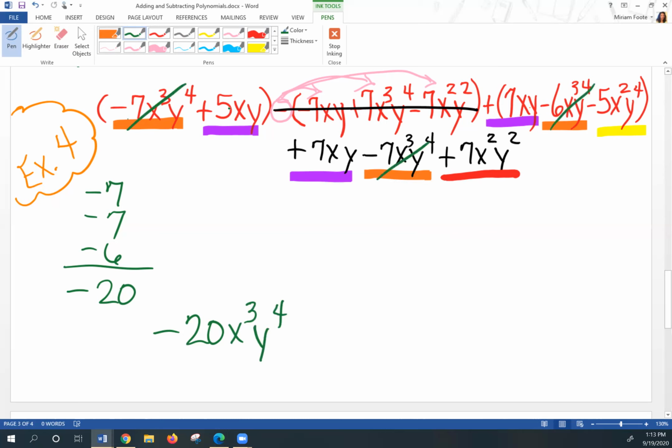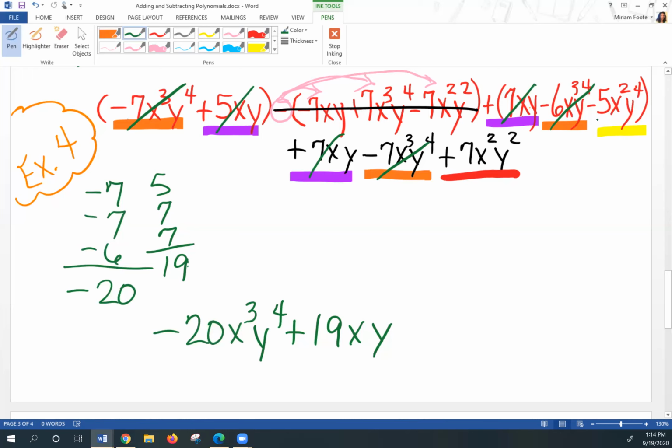I go to the next one, 5, and I'm only looking at purple. So 5, 7, and another 7. 12 plus 7 is 19. So I know I have a 19xy. And then I'm going to go to the red or the yellow.